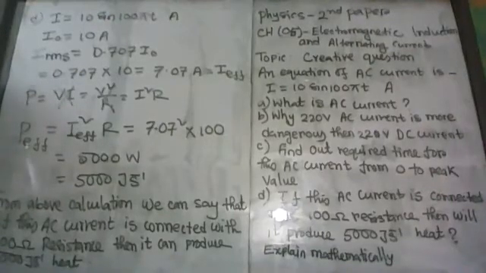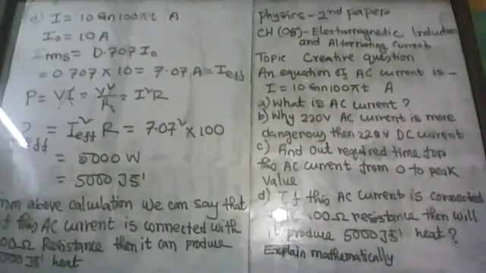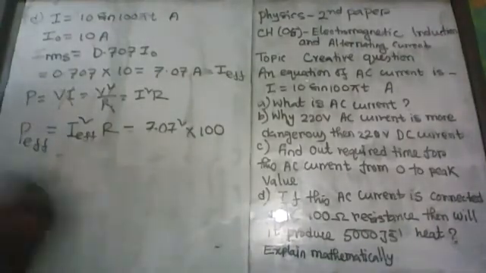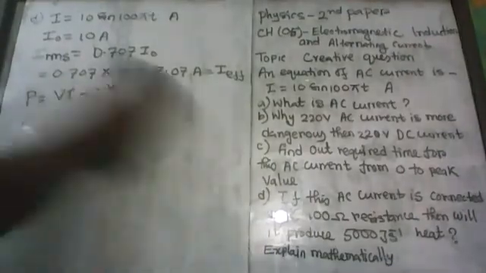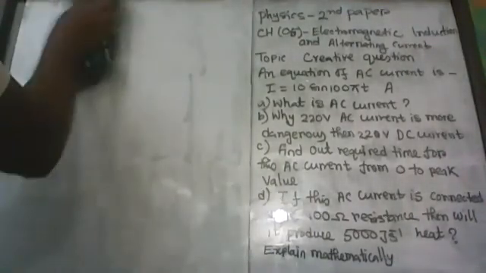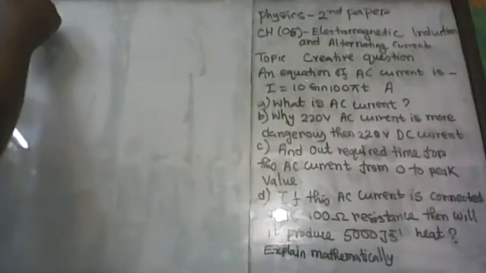Now boys and girls, I'm going to give you homework that you can solve at your home. So I'm going to erase the left side of my board. Your homework: you're going to solve a similar type of question at your home.